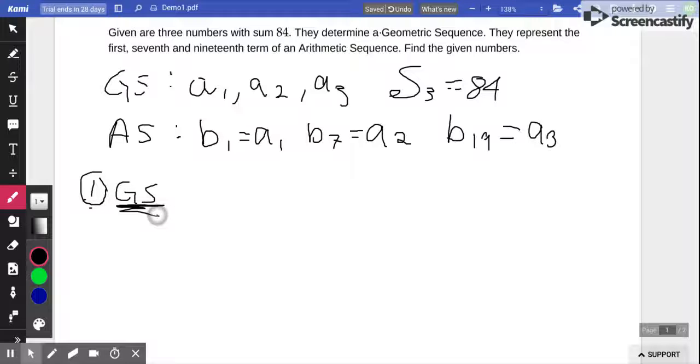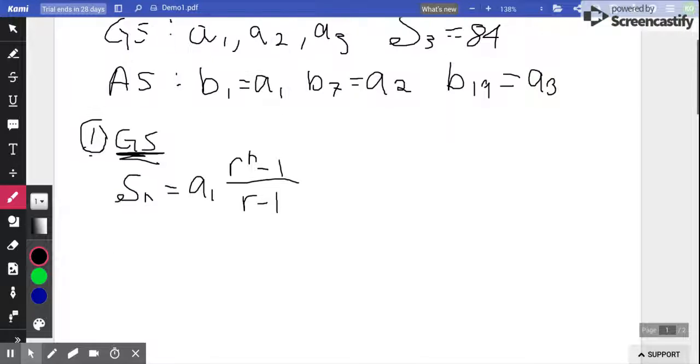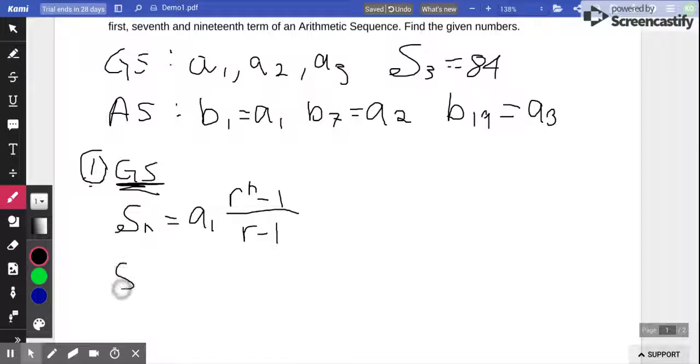It's a geometric sequence. We know that for a geometric sequence, the sum of any number of terms is equal to a1 times r to the power of n minus 1, divided by r minus 1. So again, this is 84, and as you've heard me mention a couple times, this is equal to a1 times r to the power of 3, because we're summing three terms, minus 1, over r minus 1.